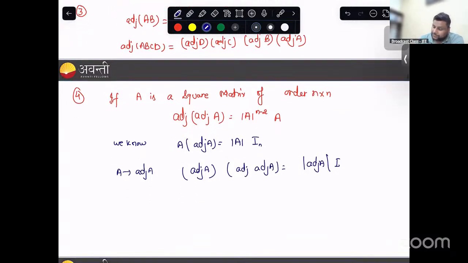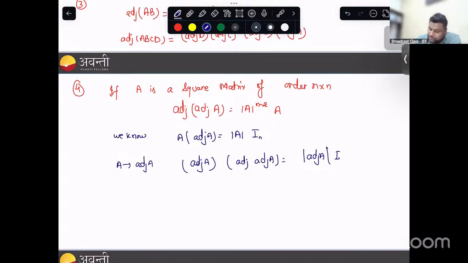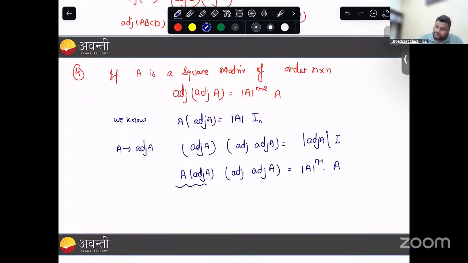Now, let's pre-multiply both sides by A. So A into adjoint A into adjoint of adjoint A. Now, determinant of adjoint A will be determinant of A to the power n minus 1 into A. Now, what is this?